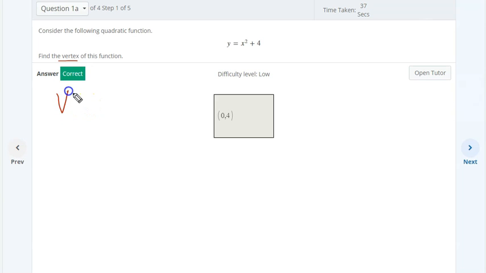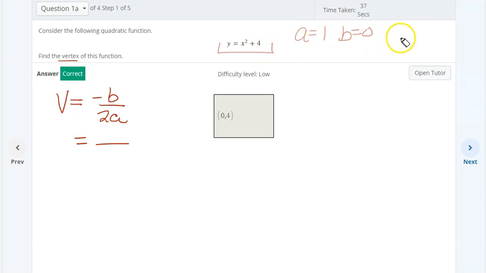So the vertex formula is x equals negative b over 2a. Looking at this formula, it's in standard form. A is 1. B, there is no B, so B equals 0 and C equals 4.